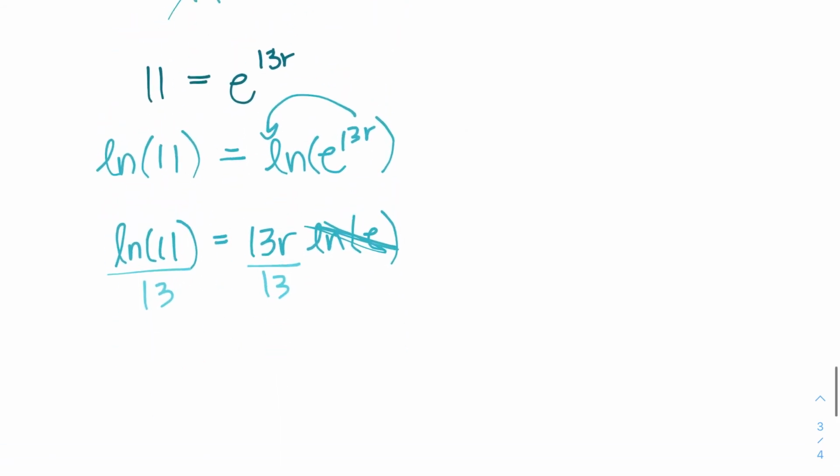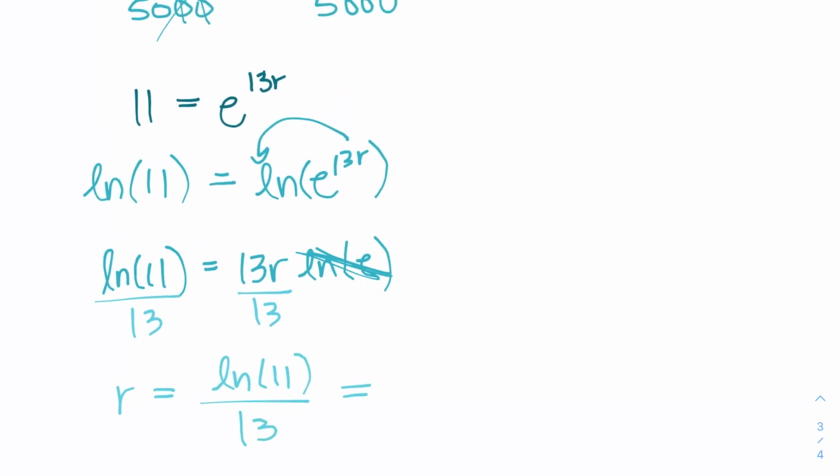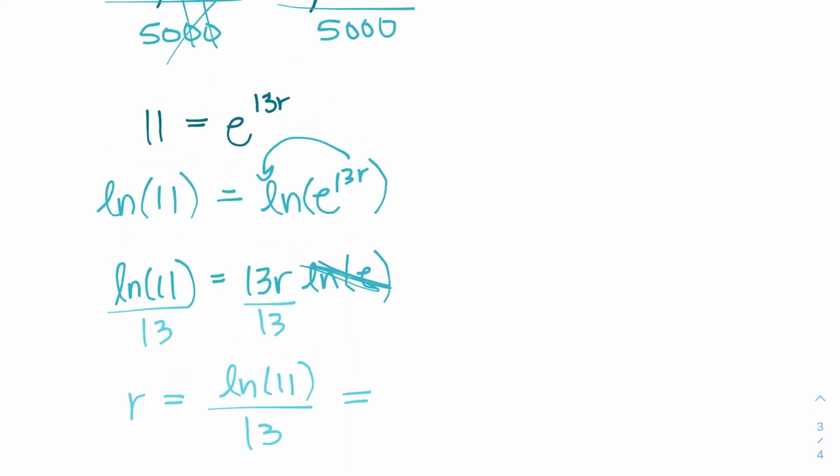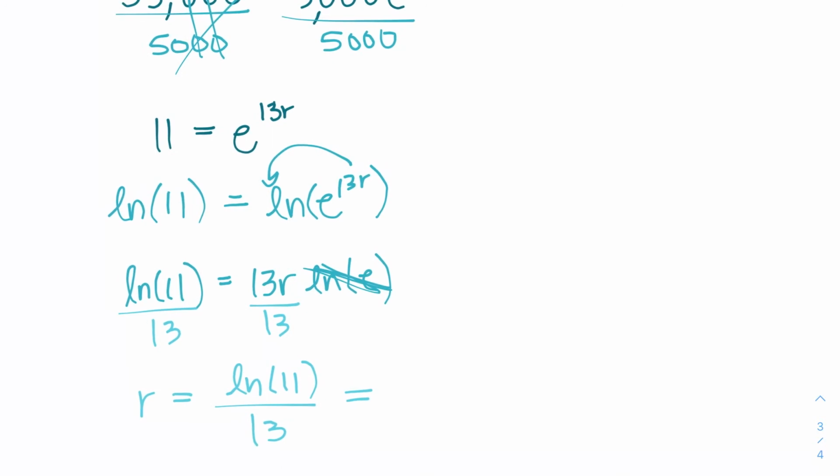And finally, we've got that our rate is going to be natural log of 11 divided by 13. And that's just something that we plug into our calculator. Natural log of 11 divided by 13 is 0.18445.